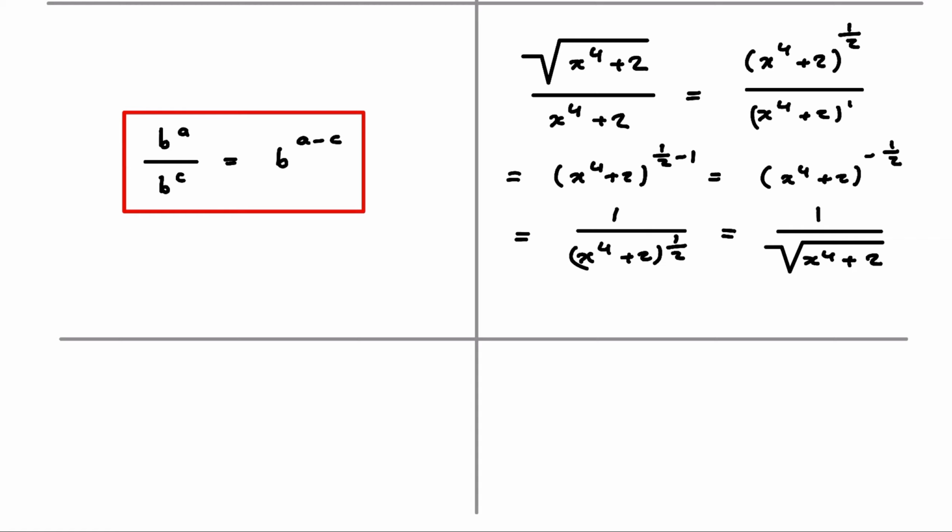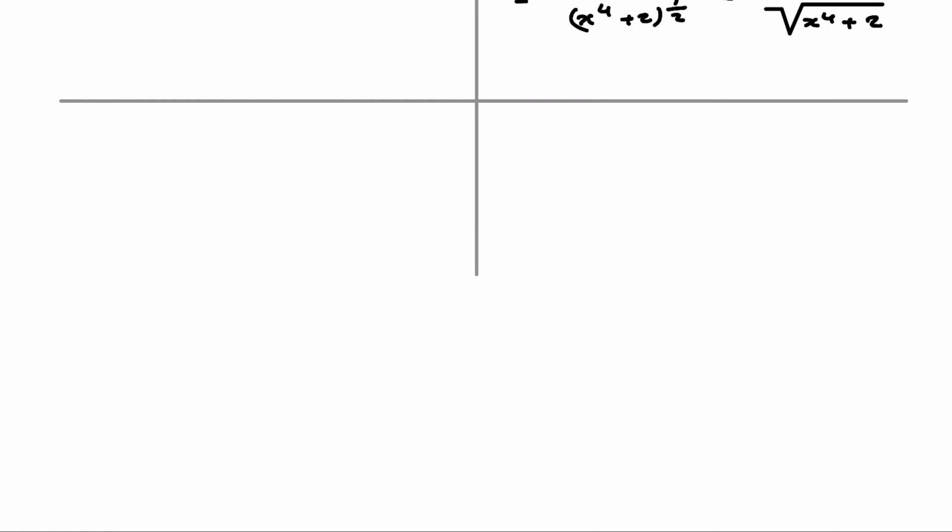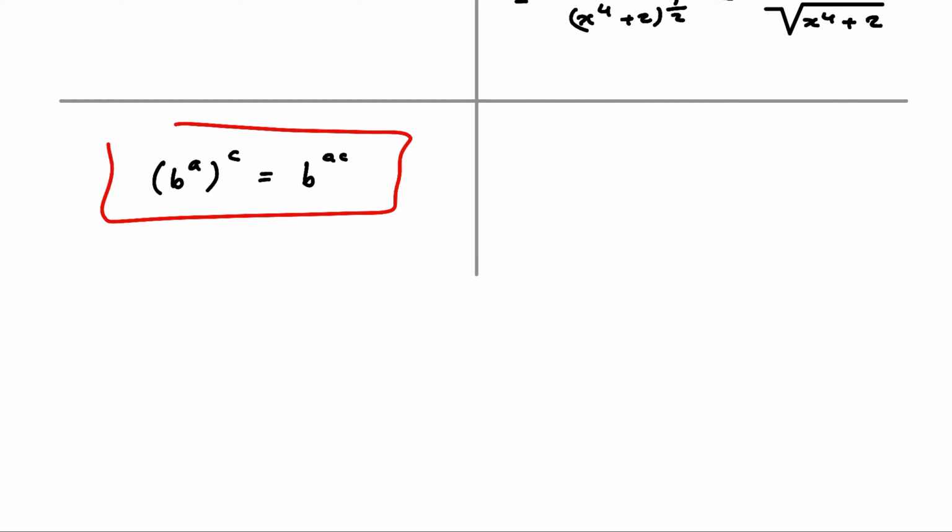If I took b to the power a and I raised it to the power c, that's b to the a times c. We saw why that was true for positive whole numbers, and we basically used that as a way to extend the meaning of exponents beyond positive whole numbers, but because we've done everything so carefully, it holds in general. So very important principle here.